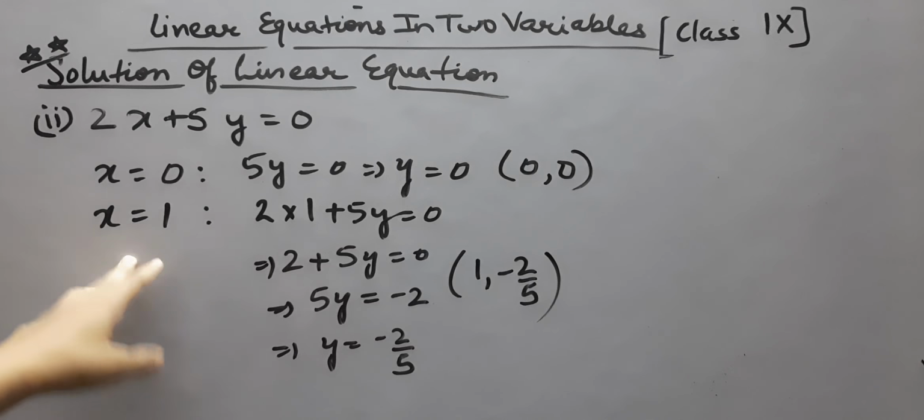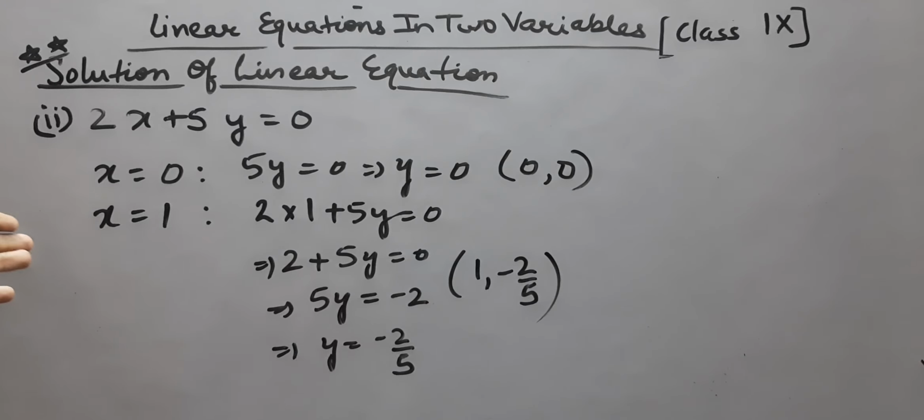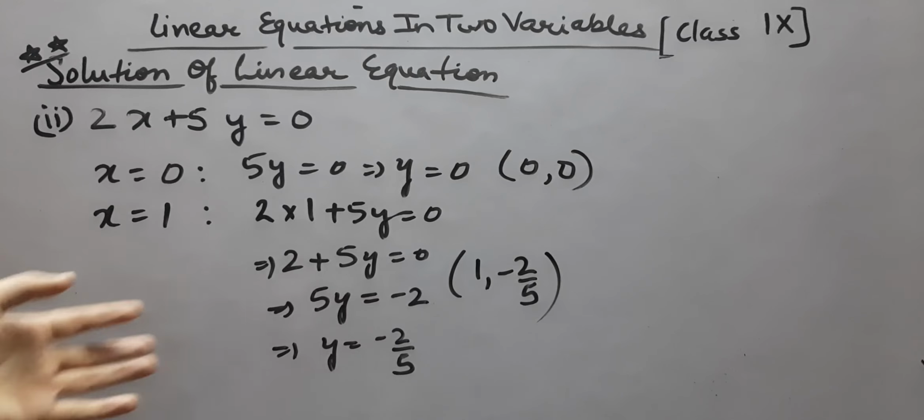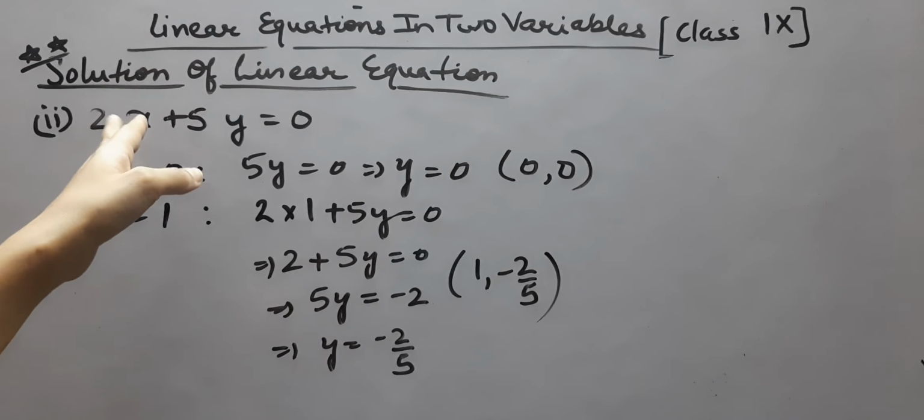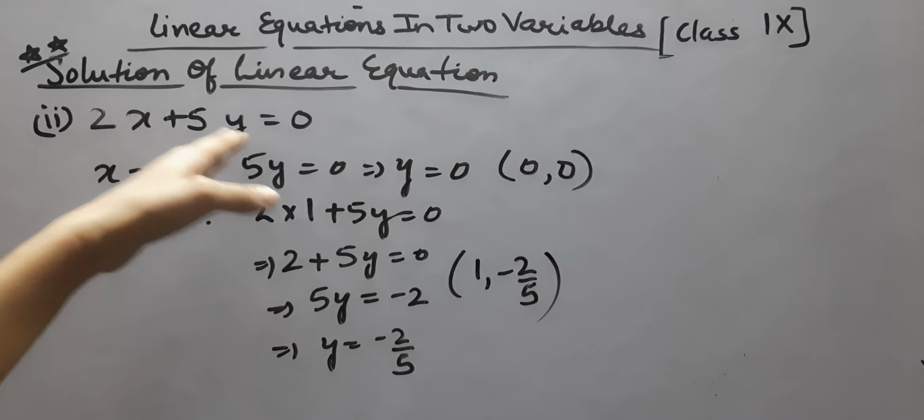You can simply put different values, x equals 1, 2, and so on, and later see that the solution is satisfying this equation also. So I need to find two solutions: 0 comma 0 and 1 comma minus 2 by 5. I have got this. If I need a few more solutions, then I can put y equals 1 or x equals 2 like this.